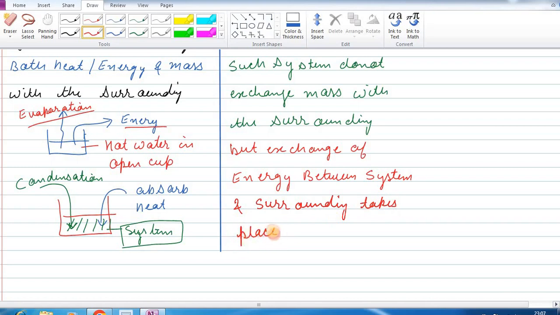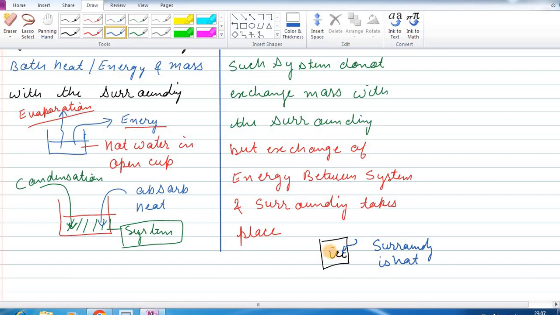How? Just to have an example. For example, if I have a closed container having ice inside it, and the surrounding is hot, then ice will absorb heat energy from the surrounding and melt into water, but the mass of matter inside the box will remain the same.